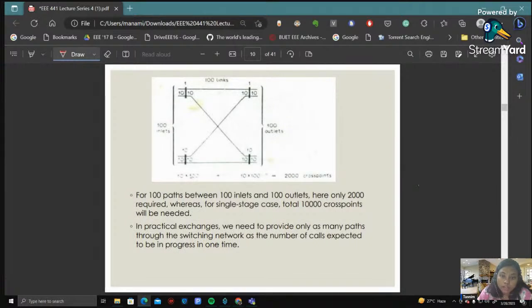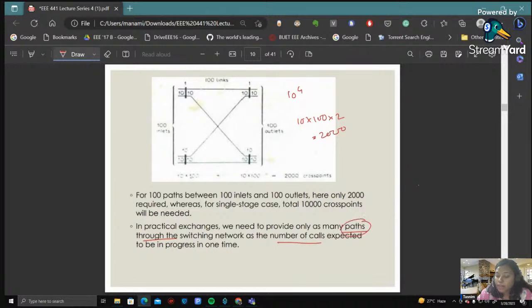For 100 links, 10 into 10, as we should know, for the single stage it would be 10 to the power 4, but now we have 10 chunks, so 10 into 100, with 2, so this is 2000. So it reduced 8000 cross points. In practical exchanges, we need to provide only as many paths through the switching network as the number of calls.